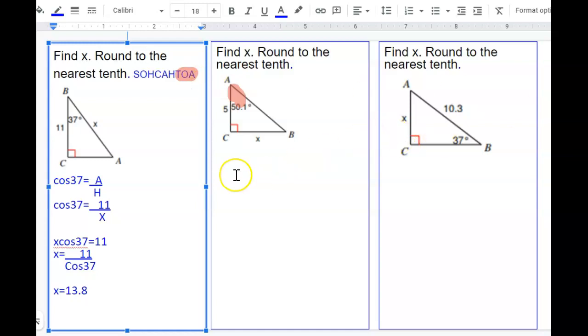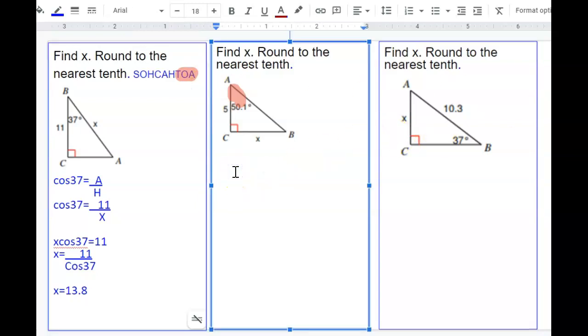So we'll go ahead and use tangent to set up our equation. So we'll have tan, our reference angle there is 50.1, is equal to, tangent by definition is opposite over adjacent. So I have opposite over adjacent.